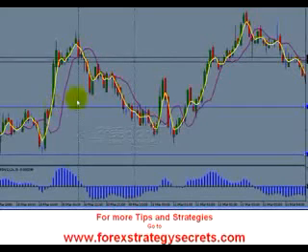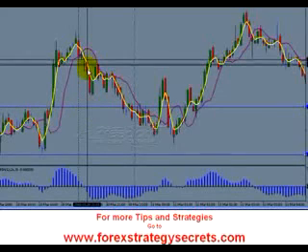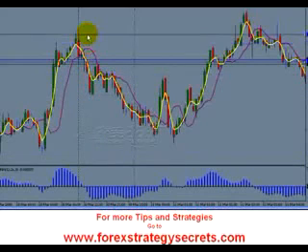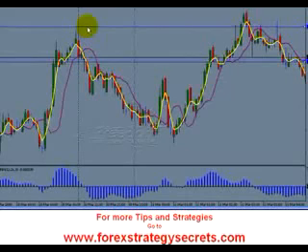If that's too much of a stop loss for you, then don't take the trade, or trade with a smaller number of lots. Now if we're coming back down the other direction, let's say the entry signal would be right here on this bar, this candle. Our stop loss would then be 1 pip plus the spread, which in this case would be 2, so we're 3 pips above the top of that candle.